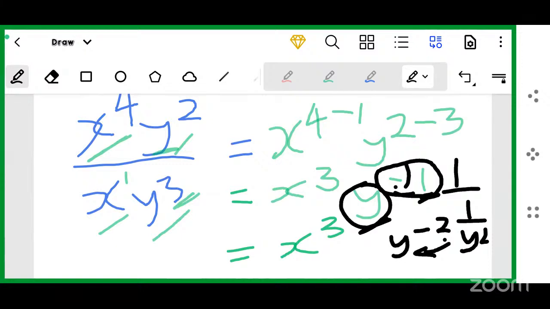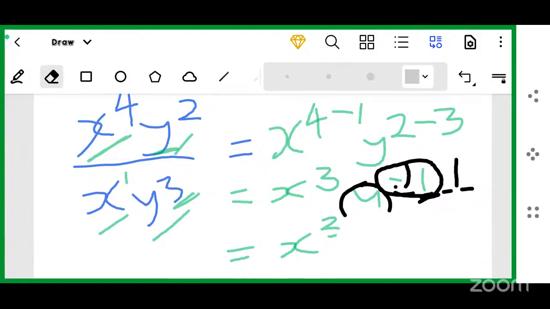Yes, ma'am. Okay, so for this one, our final answer is going to be 1 over y. Since we only have 1, we can just write it as 1 over y.